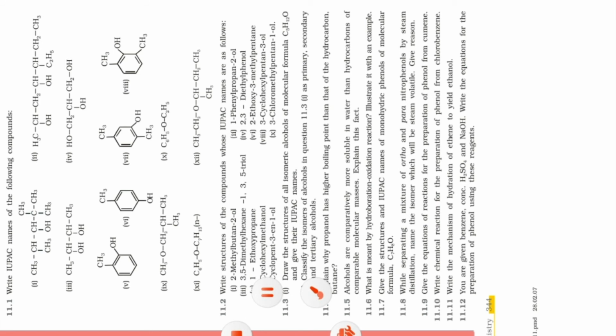Must see, all of you. Next one. Student, I think the next one you can do on your own very easily. From which side is the numbering going to start? Where the OH group is getting the lowest number. Okay, from here, beta. 1, here is 2, 3, 4, 5, 6 and 7.